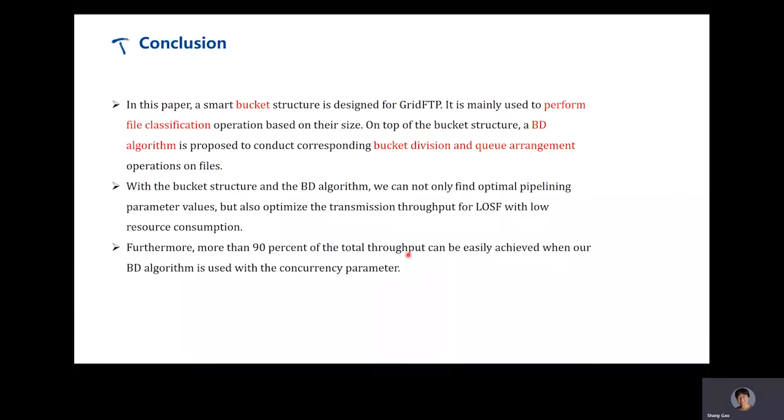In total, in this paper, a smart bucket data structure is designed for the GridFTP protocol. It is mainly used to perform classification operations based on size. On top of this data structure, we have the bucket divide algorithm to conduct the corresponding bucket division and queue arrangement operations on files.